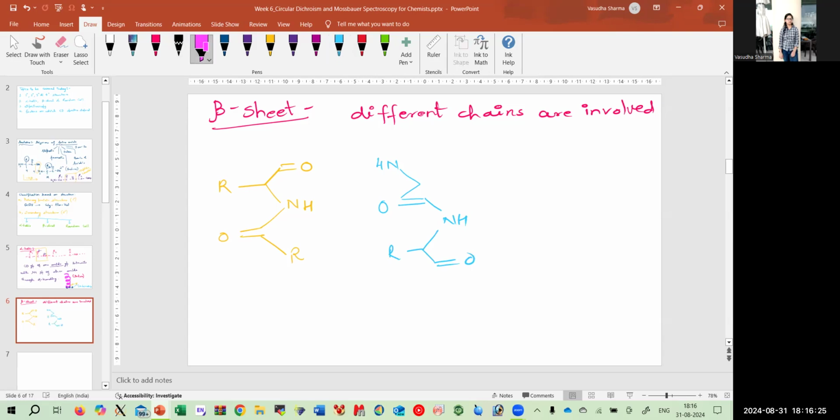So here, if you will see the interaction between oxygen, CO and NH of the opposite or the interchains, that would give rise to a beta structure.